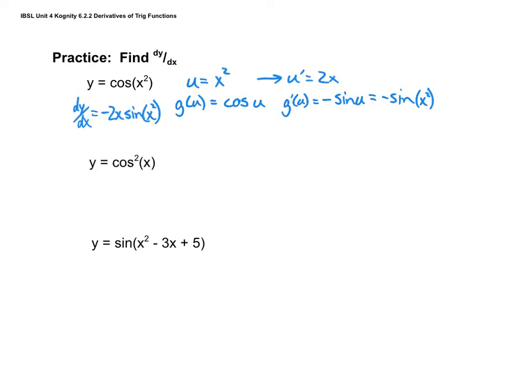The biggest challenge with these is to make sure that you properly identify inside and outside. Okay? And that's not just with trig functions, but that's with all of these chain rule types of problems. Think about it as though you were evaluating the function. The outer function is going to be what you would end up doing last. Okay, so for example, if I had, say, x equals pi over 3, if I were finding y equals cosine of x squared when x was pi over 3, I would be squaring the pi over 3 first.